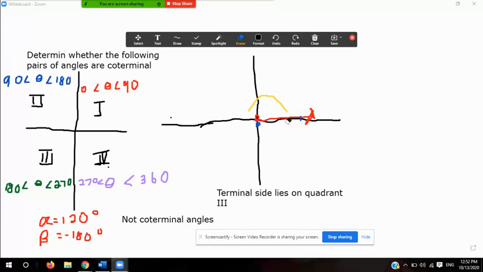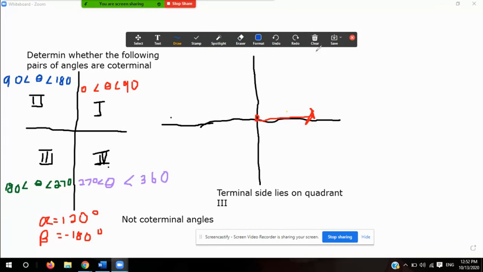And if they are in standard position, then that just means that they are going to start at the positive x-axis. So the other pair of angles that I have, 2b specifically, is 20 degrees and 740.